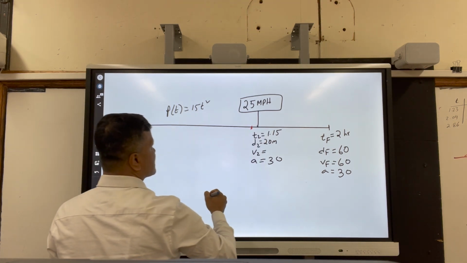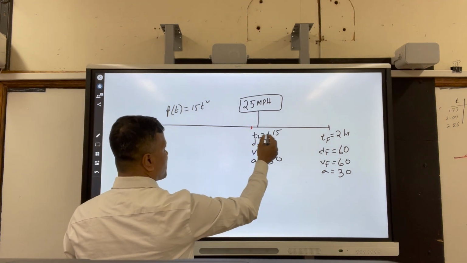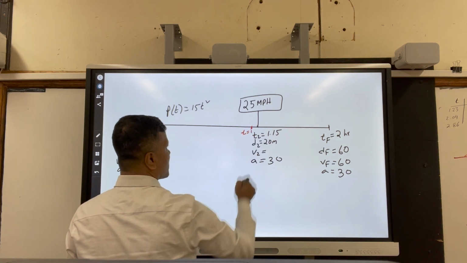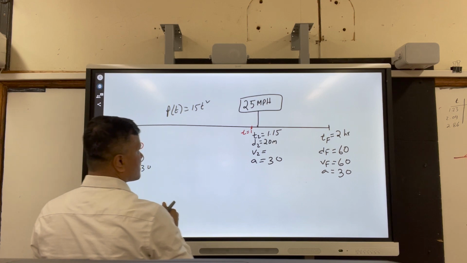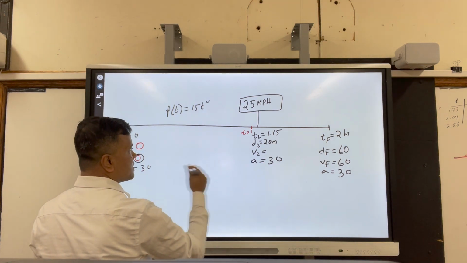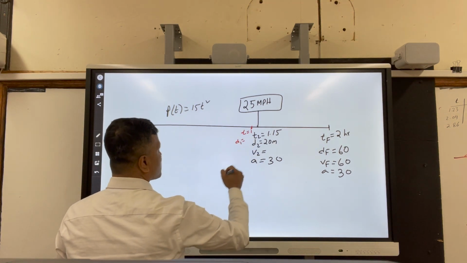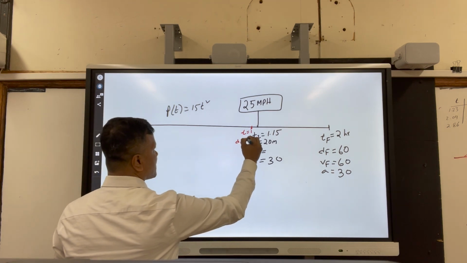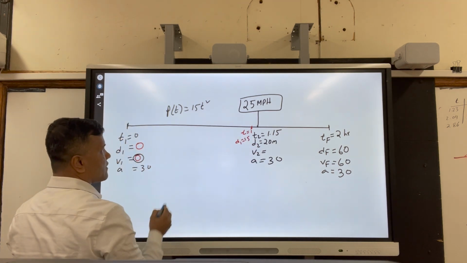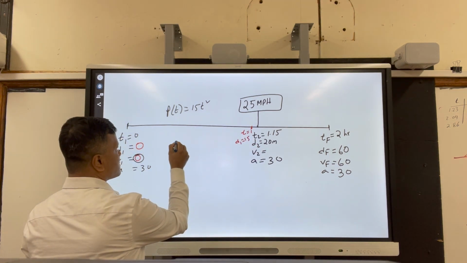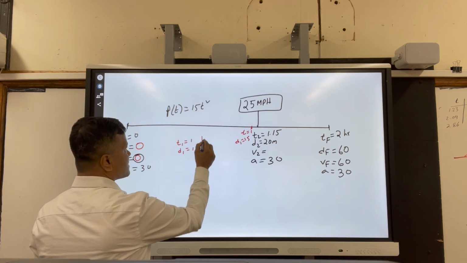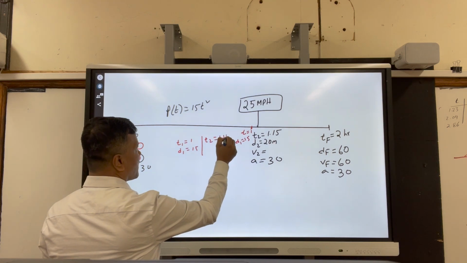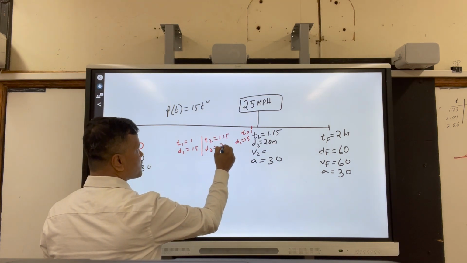So let's say t is equal to 1, then what is d1? d1 would be equal to 15, right? So t1 is equal to 1, d1 is equal to 15, t2 is equal to 1.15, and d2 is equal to 20.